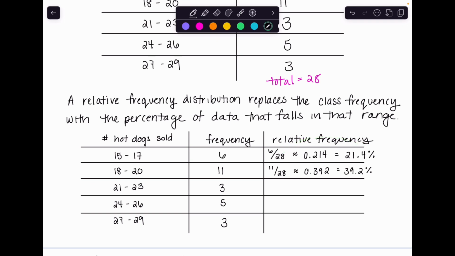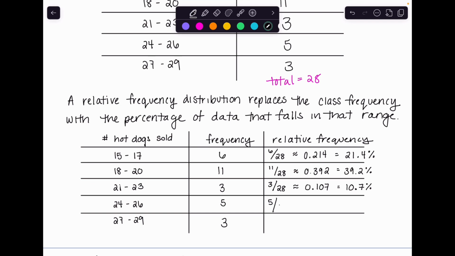For my next category, 3 out of the 28 data fell into this group. So as a decimal, that's 0.107. And again, as a percentage, you times by 100 or move the decimal place 2 to the right. So this is 10.7%.